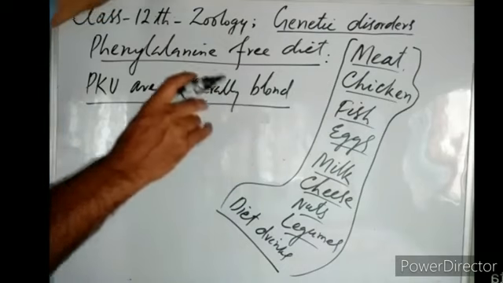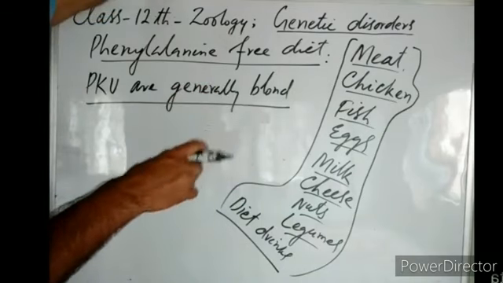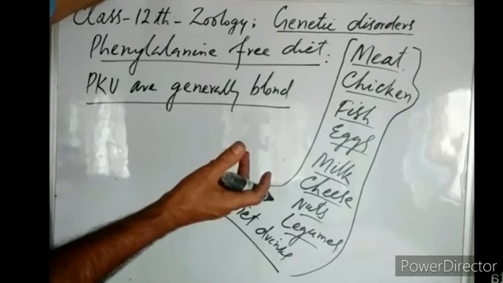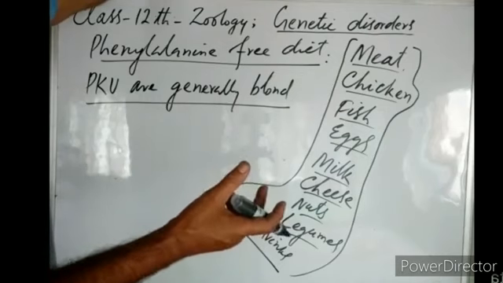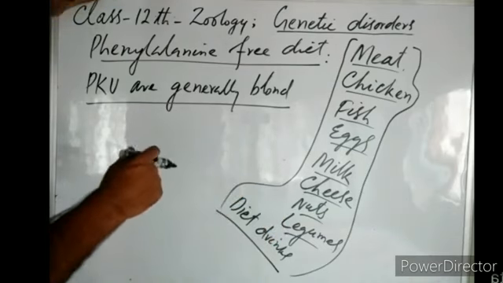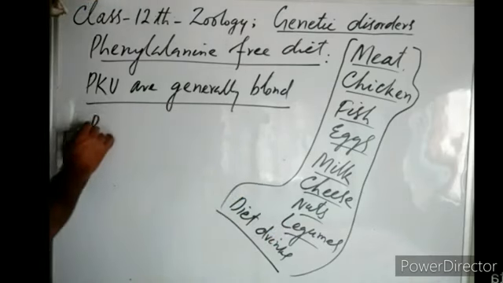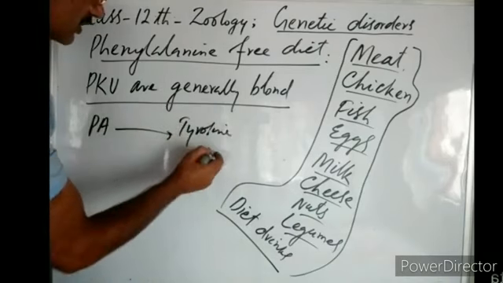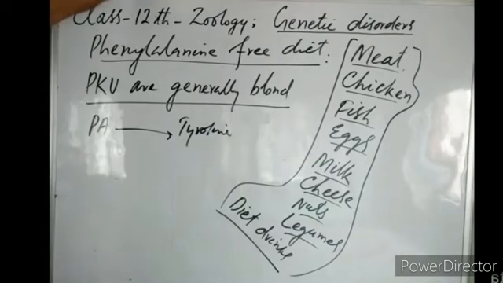So when tyrosine is not formed, homogentisic acid will not be formed, maleylacetoacetate will not be produced, and there will be no melanin pigment. So due to non-conversion of phenylalanine into tyrosine, a person suffers from deficiency of melanin pigment.